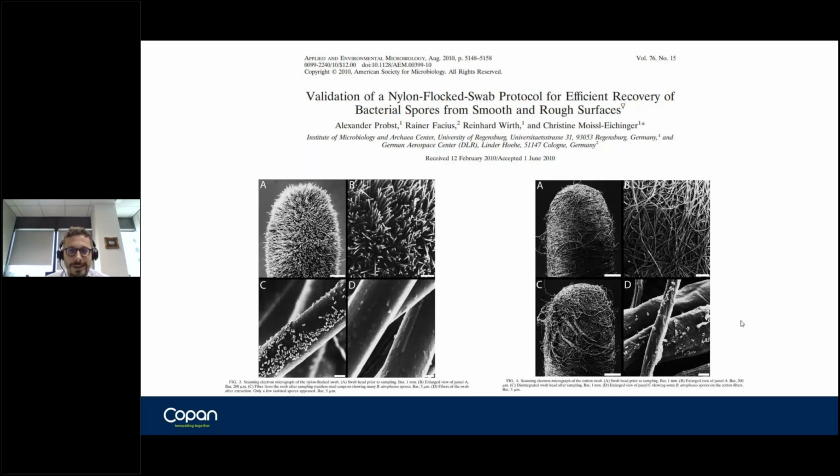And this increases the collection capacity, because the surface area is dramatically higher for the flock swab, while it's very small for the standard swab. And last but not least, the medium used for releasing the material from the swab is able to enter in between the fibers, allowing the sample to be released from the swab itself.